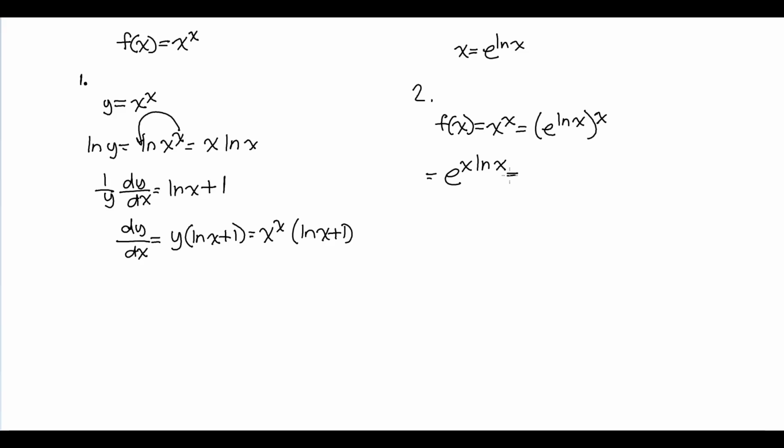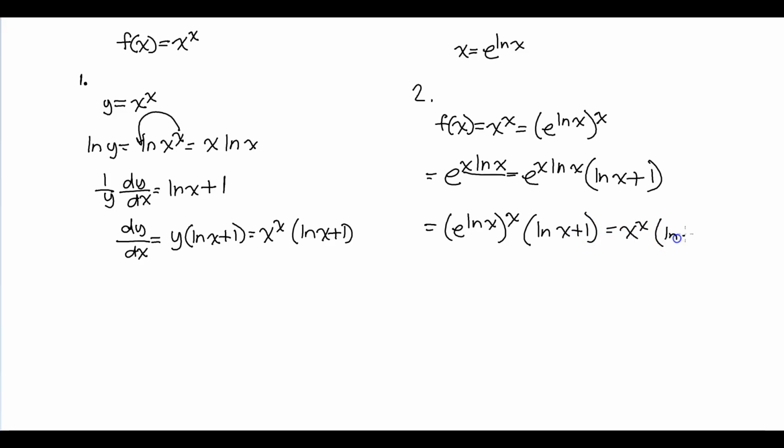If you use the chain rule, you have e to the x ln of x, the derivative of this, times the derivative of the inside function. So that's f prime g plus g prime f. If you do it, you get ln of x plus 1. Now we can express this in a simpler form: e to the ln of x to the x power times ln x plus 1, which gets to x to the x times ln x plus 1.